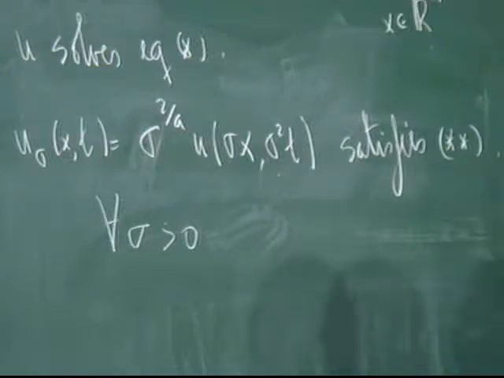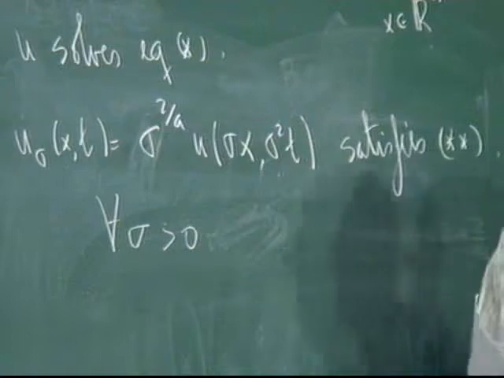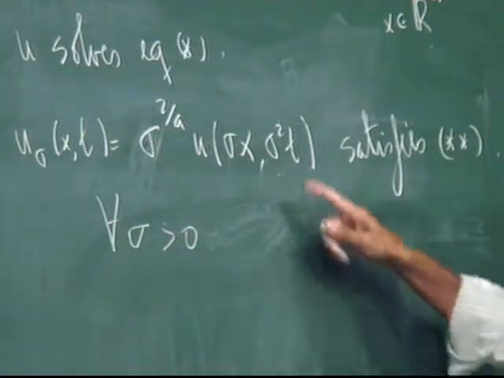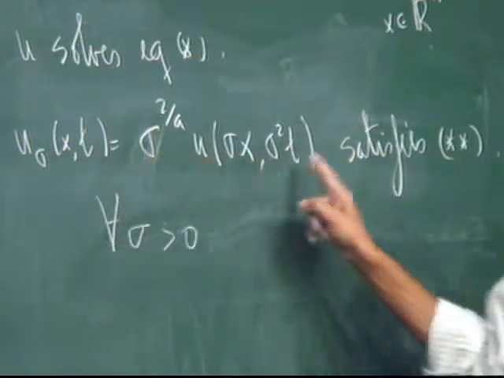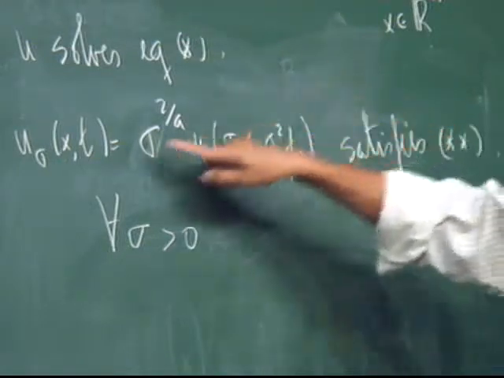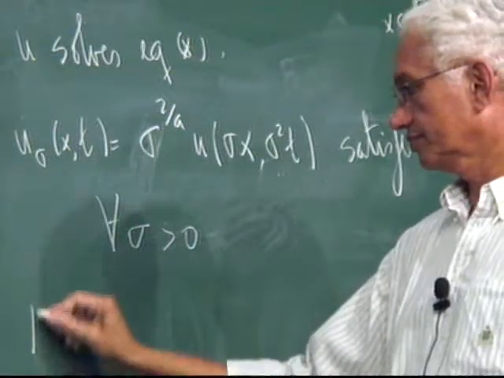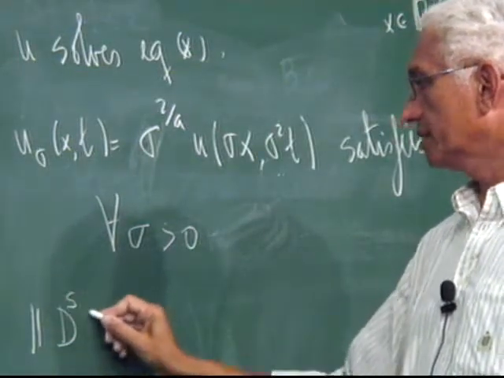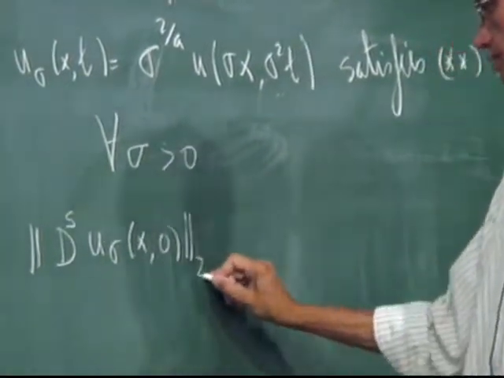Okay. Then what you are doing here is to say, well, if this function u is defined in some interval, this function will be defined in an interval that changes accordingly to this rule. I mean, I just move this. What is the psi of the initial data? What is the psi, the derivative with respect to s of the initial data here in L2?